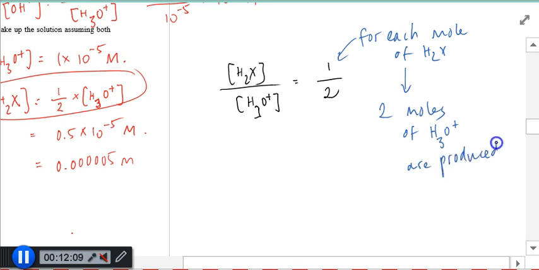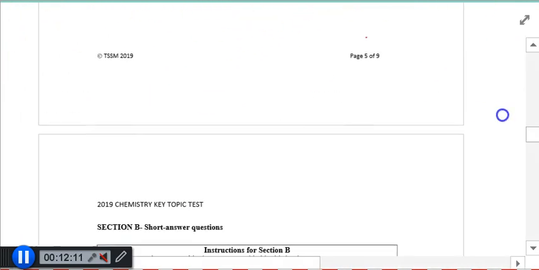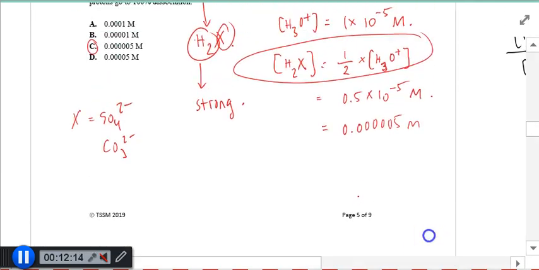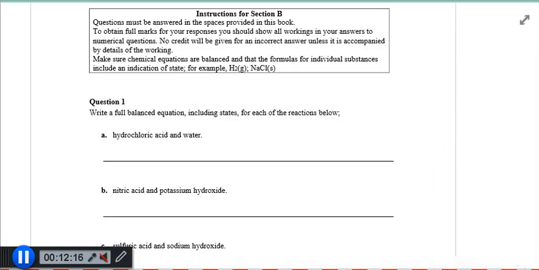Hence the ratio. Yes, that's correct. That's what I've been saying the whole time.